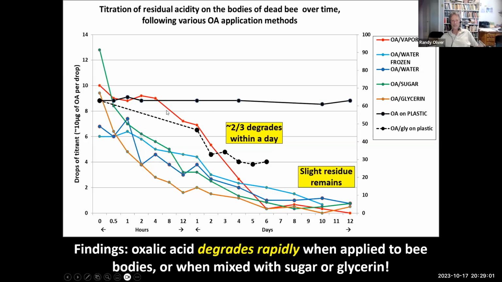But if it touches a bee, if you mix it with glycerin, if you mix it with sugar, it degrades very, very rapidly. If you vaporize it, so the red is vaporization, you've lost almost half of it by 12 hours. It's off the bees. And then by 24 hours, you're down well to half. By 6 days, you're down to almost nothing. So it does not last on the bees.